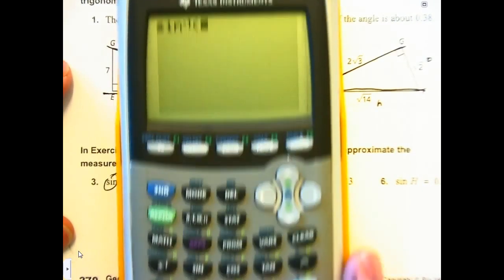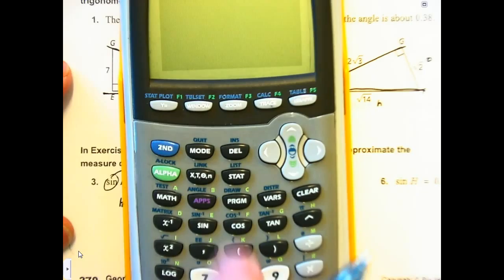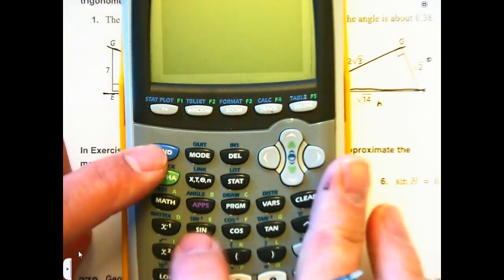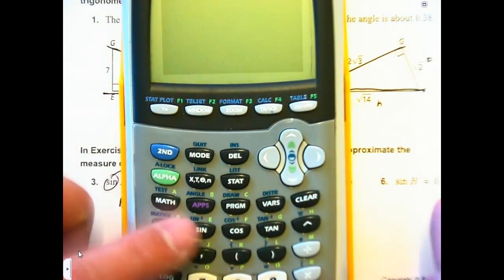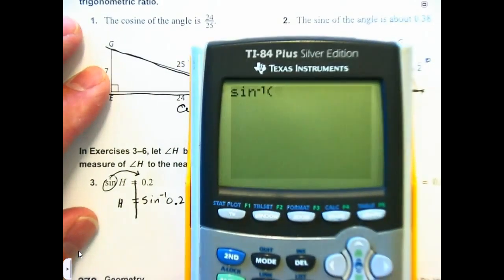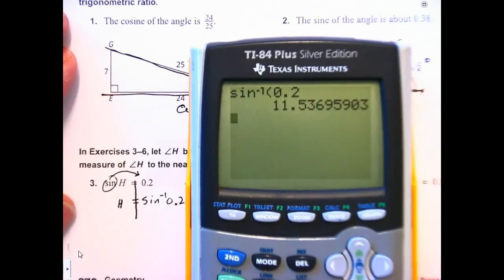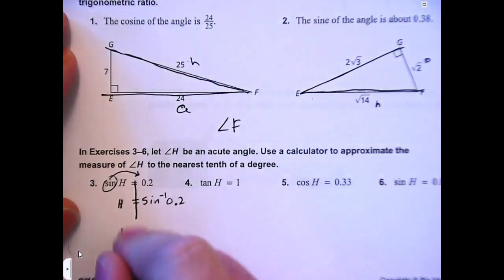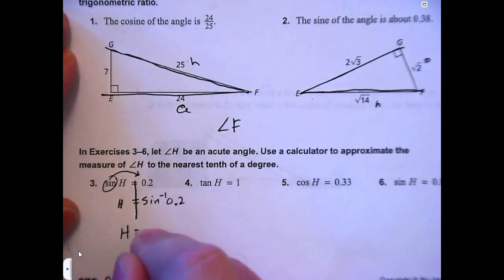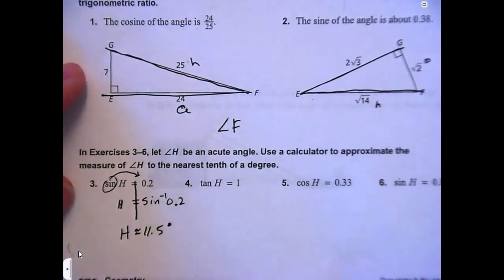Yeah, second sine, right? Okay. Second sine. And we go 0.2. It looks like we get 11.5. We're going to the nearest 10th. Okay, good. So approximately 11.5 degrees. Pretty good?